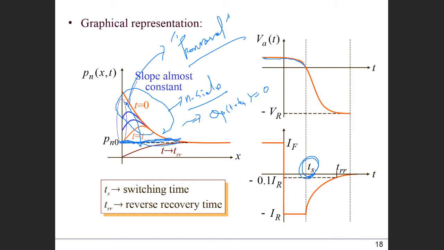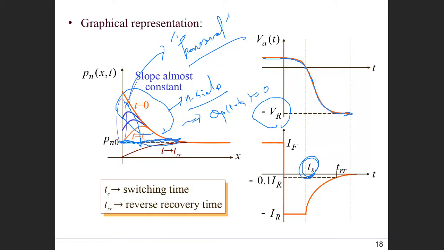So when you look at the voltage across the diode, the voltage is going to change, and eventually it leads to the reverse bias condition. That kind of characteristic we can obtain from this switching characteristic.